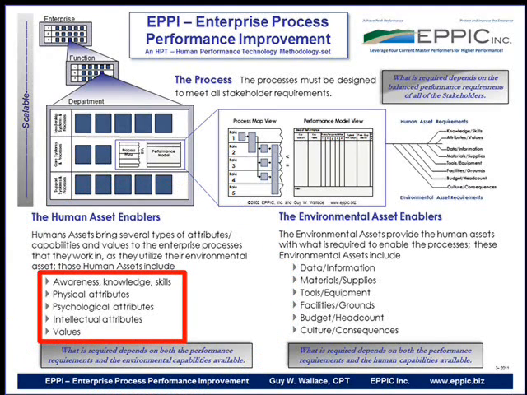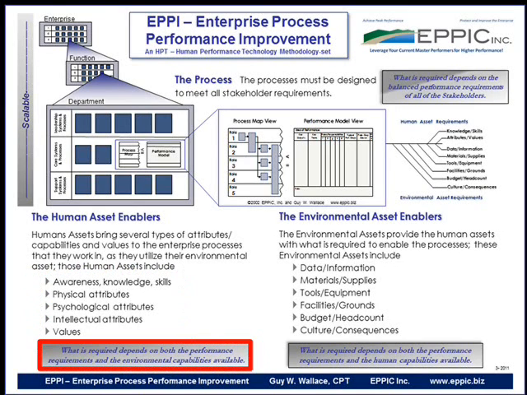The human assets bring to the process their awareness, their knowledge, and their skills. They also bring physical attributes. They also bring psychological attributes and intellectual attributes and their personal values. These are either conducive to the needs of the process or they are not.